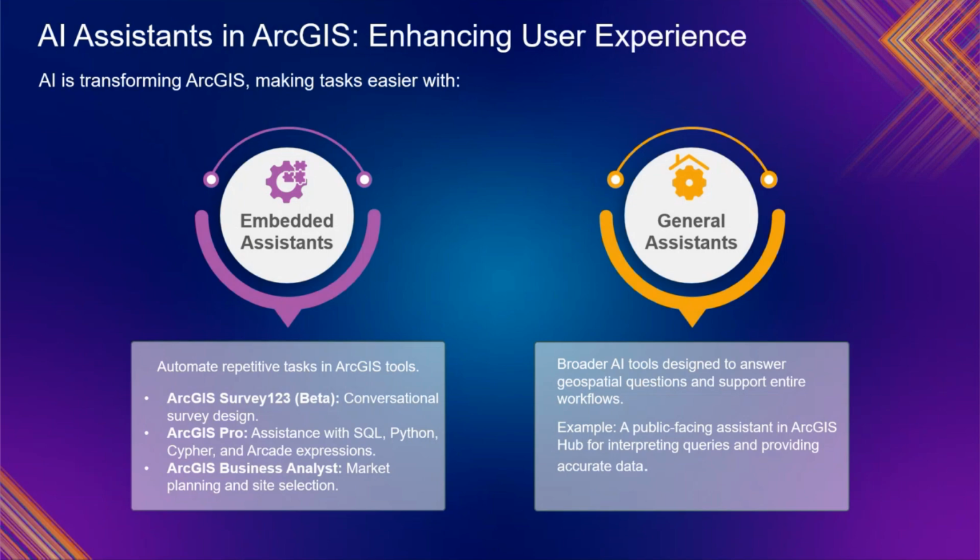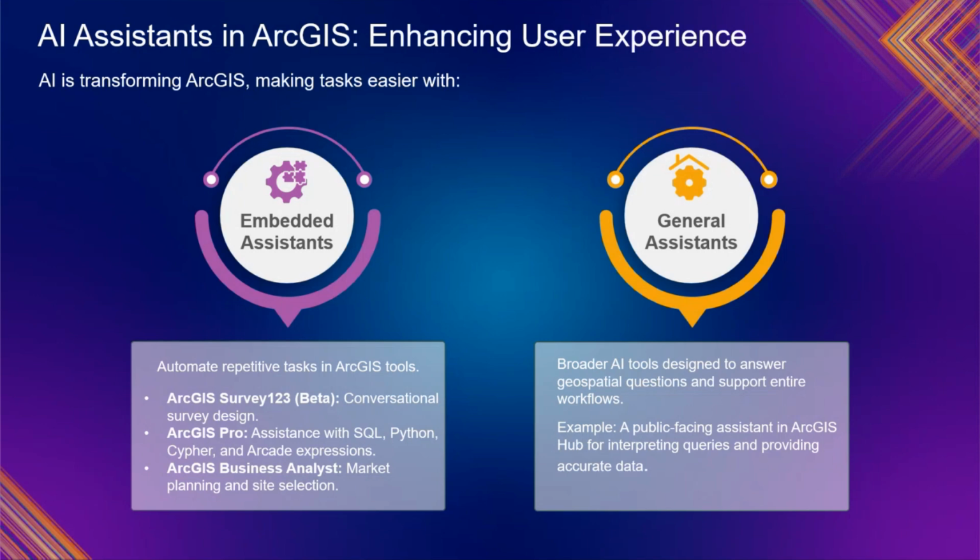Say, I want to do a survey about restaurant inspections. Automatically, that embedded assistant is going to understand that restaurant inspections are the data we're collecting, and that we probably want to collect some things about cleanliness, etc. Then it shows you that result and allows you to fine tune it.